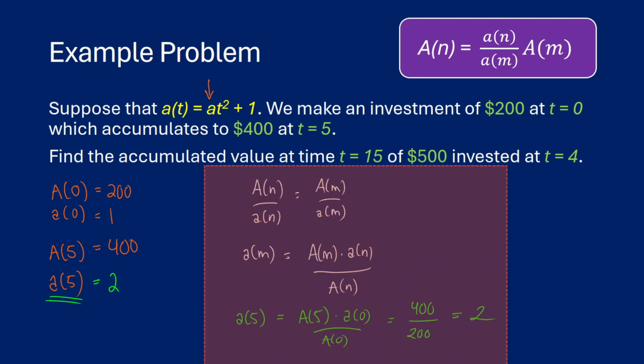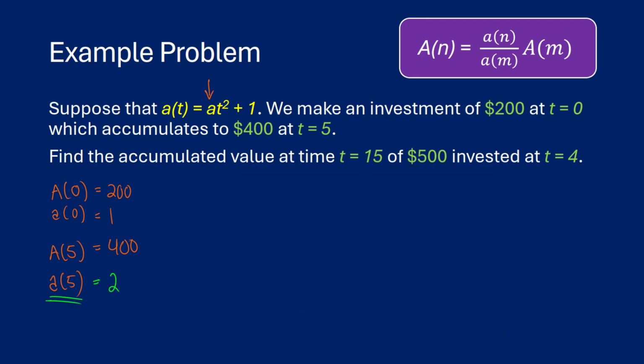Now, why is this useful? Because now we can figure out what our a value in our function is. We know that little a of 5 is equal to 2, and this should be the same thing as a times 5 squared plus 1, which is 25a plus 1.